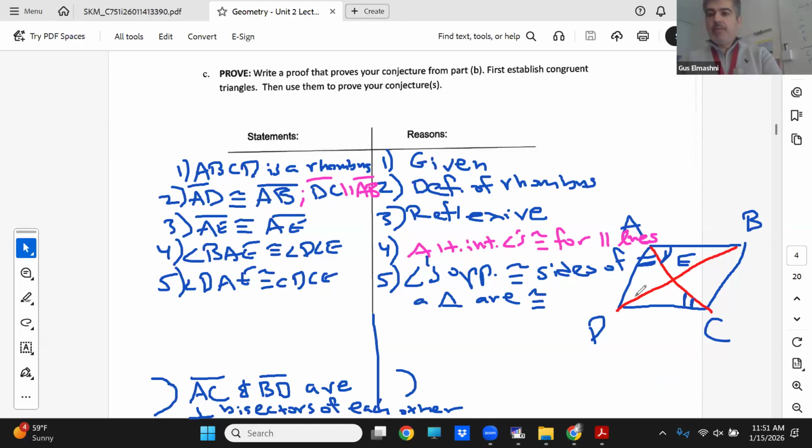How is that step going to help? What triangles are we trying to prove? We're trying to prove that triangle AED is the same as triangle AEB.